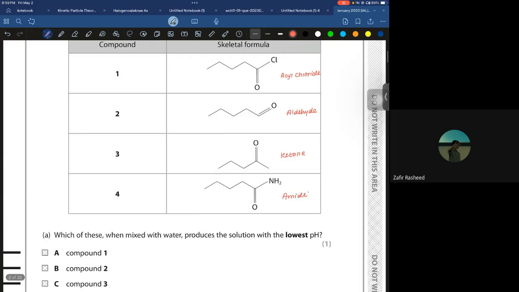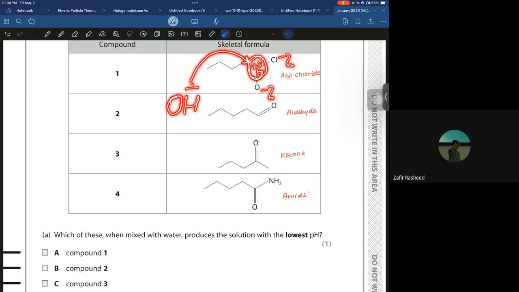Acyl chloride has a partial positive carbon, partial negative chlorine, and partial negative oxygen, which makes this carbon more partial positive. So any nucleophile can attack this carbon and easily displace the chlorine.